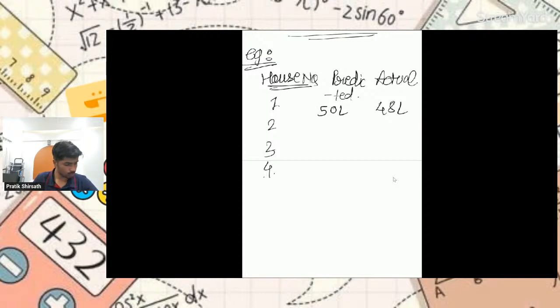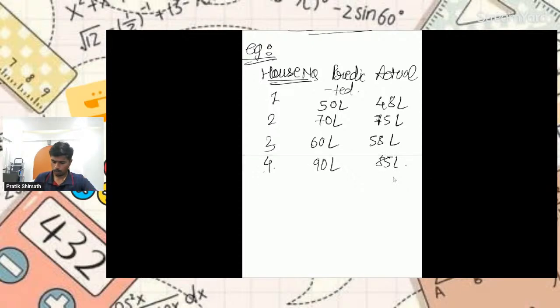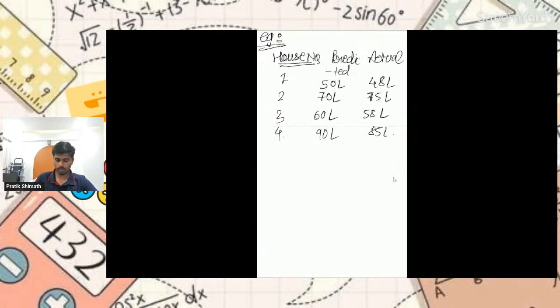Then the next was 70 lakh, and its actual was 75 lakh, more than predicted. Then 60 lakh, and its actual is 58 lakh. Then 90 lakh, and its actual is 85 lakh. Okay, simple. Now how will I plot these numbers?